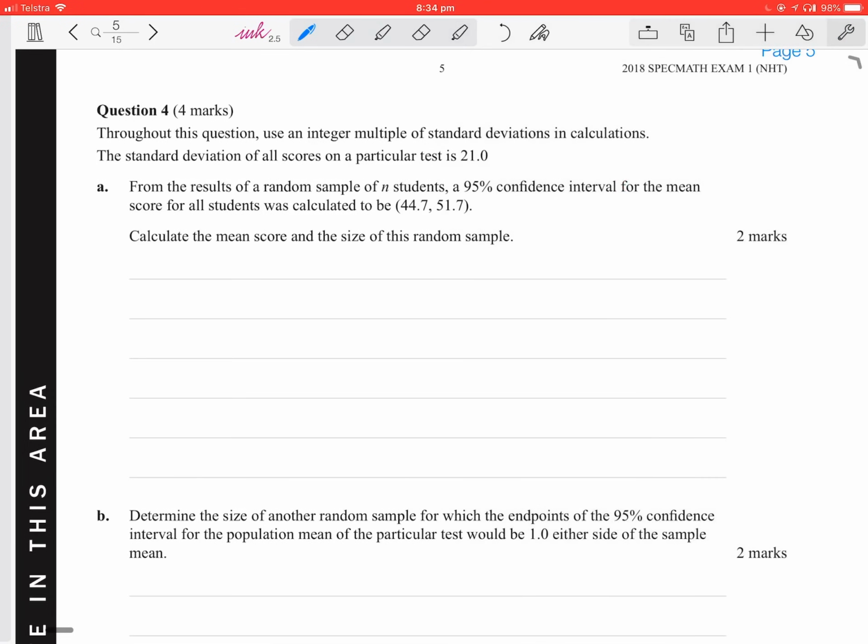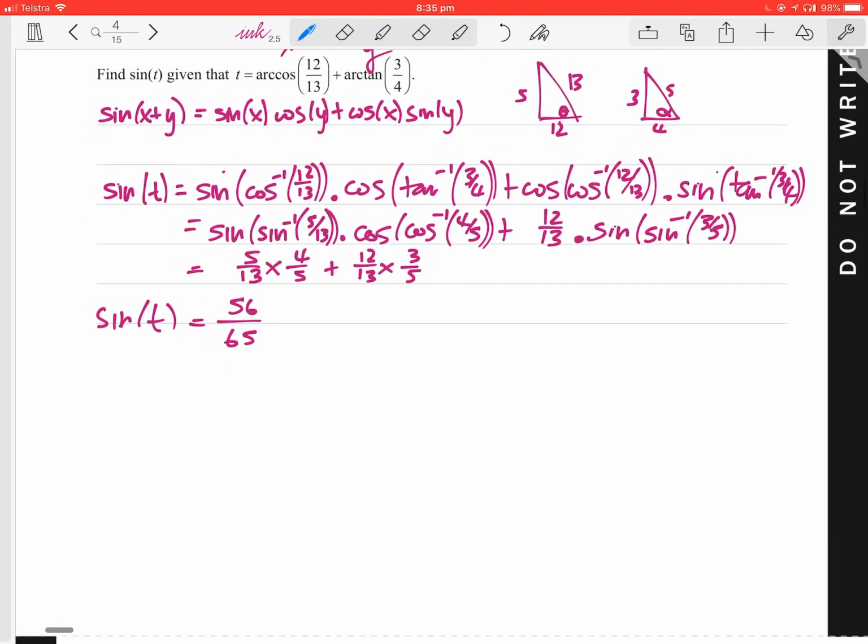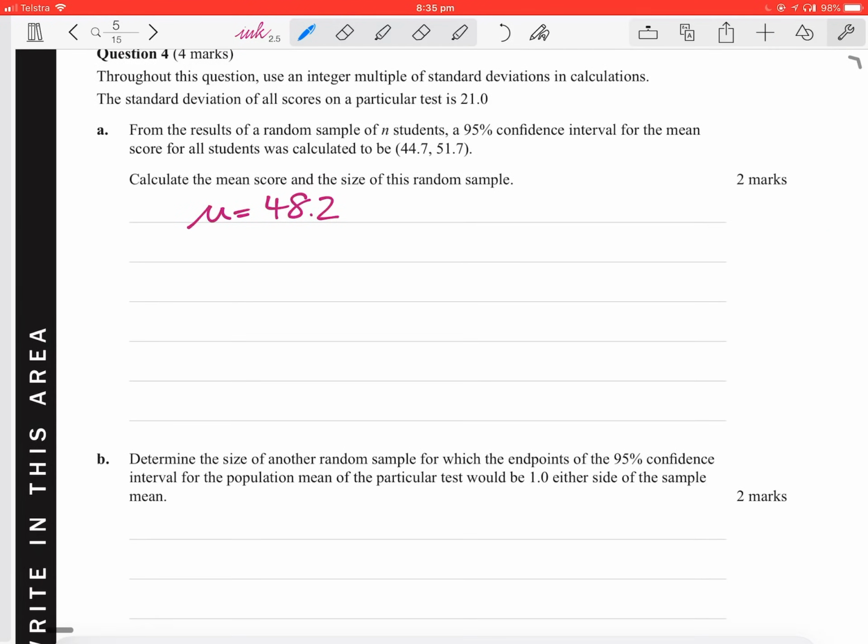So what did we get? The mean was 48.2. Hopefully it hasn't deleted everyone else. Okay. The mean is 48.2. Our error, we said, was 7 on 2.